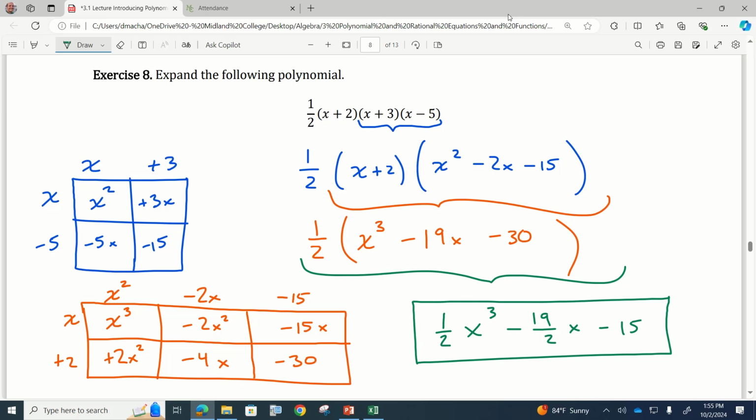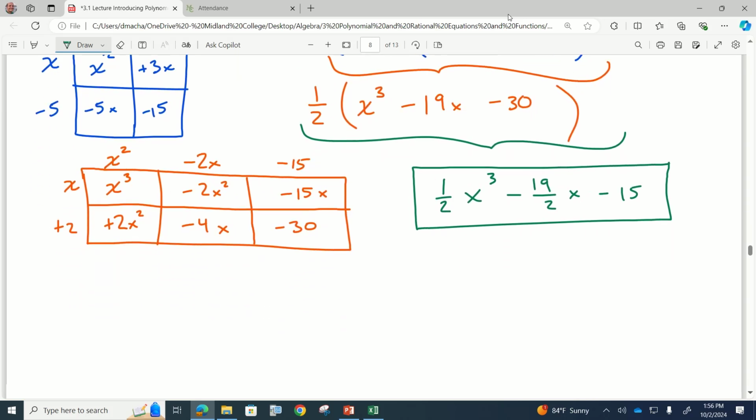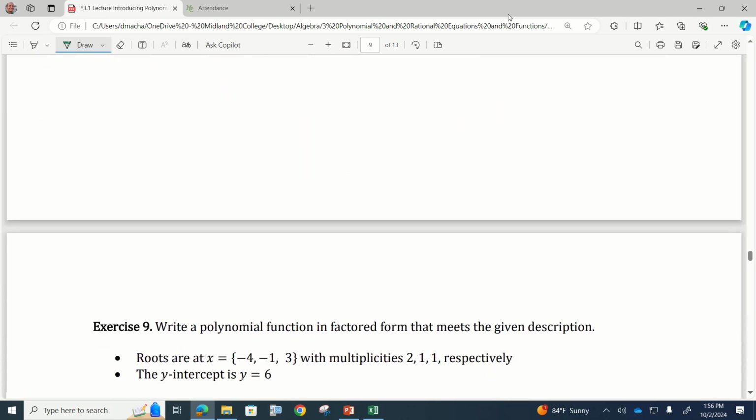It would just take a lot longer because there's a lot more steps of multiplying, right? Basically, whatever the degree of the polynomial is, that's how many steps you're left to take. And since this was degree 3, we had to multiply once, twice, and then distribute. So degree 4 would require you to multiply 3 times and then distribute.